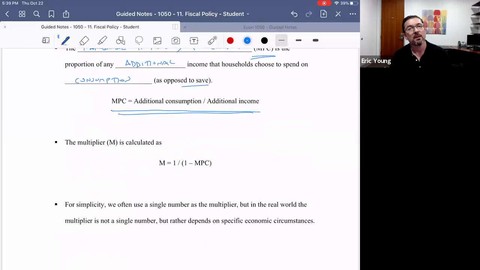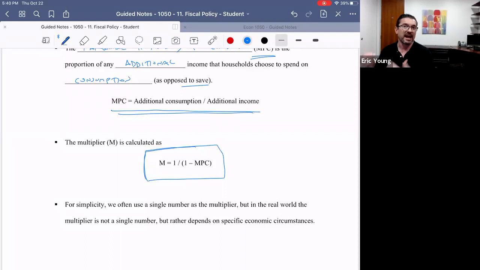Once you have that number, you can calculate the multiplier, because all the multiplier is equal to is 1 divided by 1 minus the MPC. So if you're given the MPC or the data to calculate the MPC, you can insert that into this formula here, and you can calculate a multiplier.